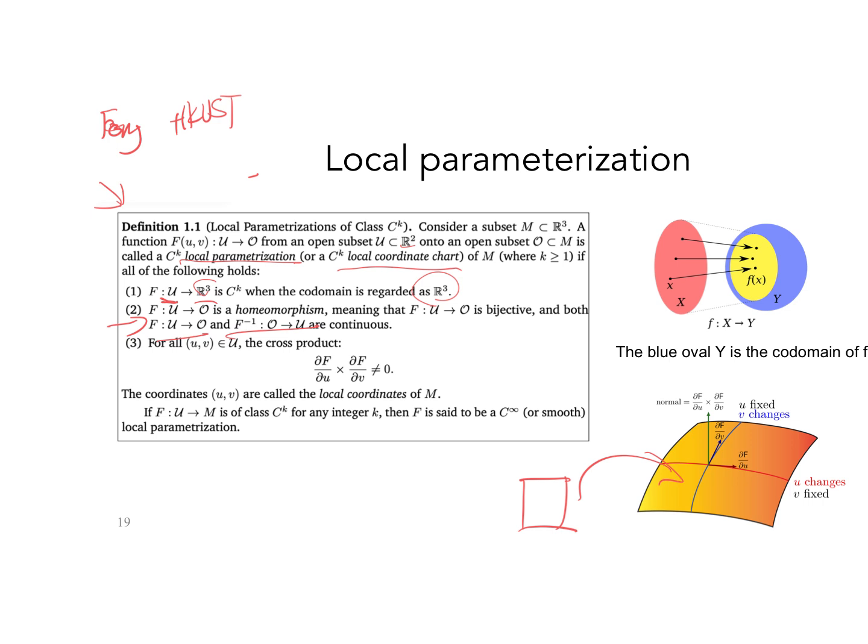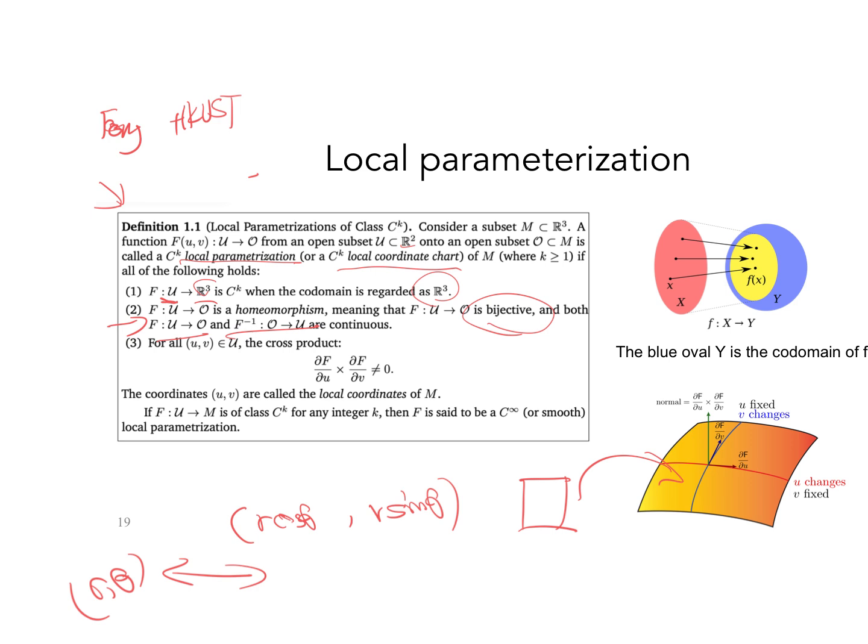Does that make sense? For example, R cosine and R sine describe a circle, and I should be able to map it back and forth without losing any information. So it's bijective, meaning it's basically one-to-one. So that part is also easy to understand.